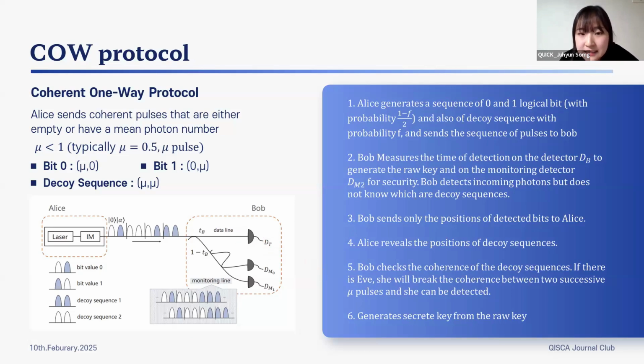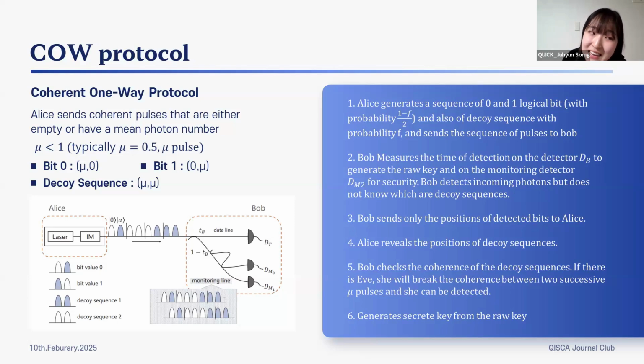This data detector allows him to determine which time slot contains actual data bits, but he does not yet need to know if it is 0 or 1. However, Bob also has the monitoring detectors DM1, DM2 over here that check the interference patterns between successive pulses. These help detect any tampering by an eavesdropper.